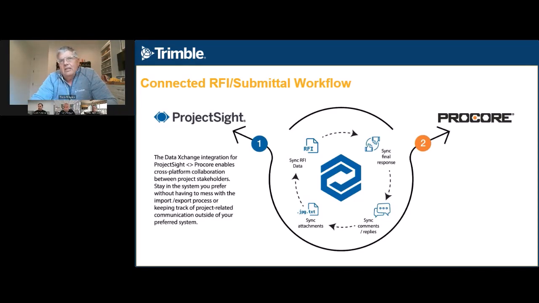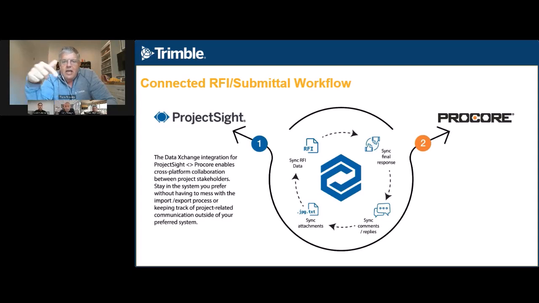And again, getting back to the right data at the right time from the right source: when specialty sub number one sends a question off that goes to general contractor Procore, and then maybe that general contractor sends it on to another organization or the owner, who is also using Procore, so now there's even an integration from Procore to Procore.